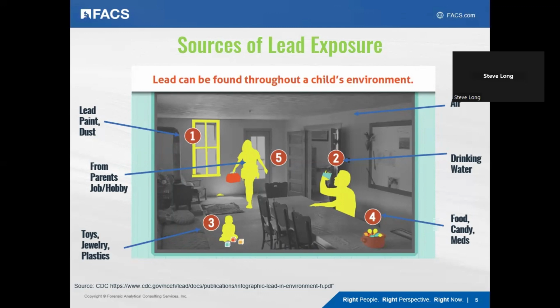We have potential for lead exposure in drinking water, and even in food, candy, and certain folk medicines have been created with lead in them. Parents that work in a job that may expose them to lead have the potential to bring it home on their clothes, in their car, and expose their children that way. And finally, toys and jewelry, plastics, some of these have been found over the years to contain lead.